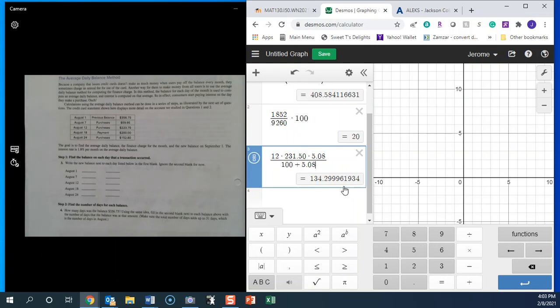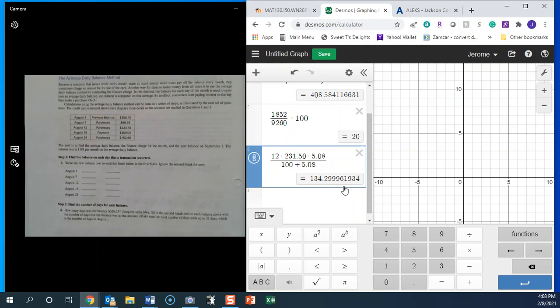So in effect, consumers start paying interest on the day they make a purchase. Ouch. Calculations using the average daily balance method can be done in a series of steps, as illustrated by the next set of questions. The credit card statement shown here displays more detail on the account we study in questions 1 and 2.